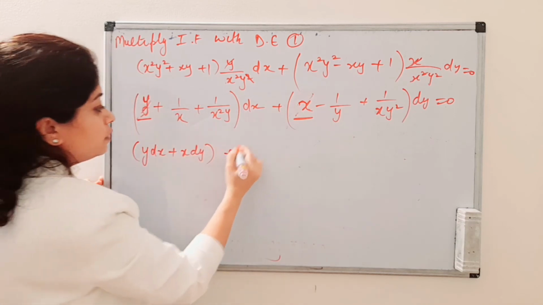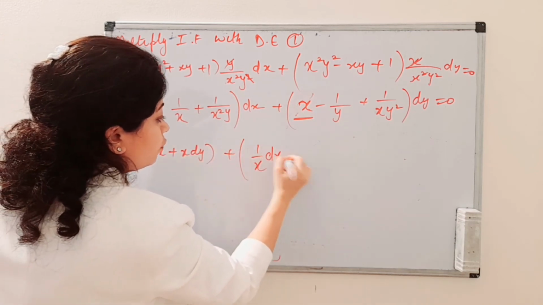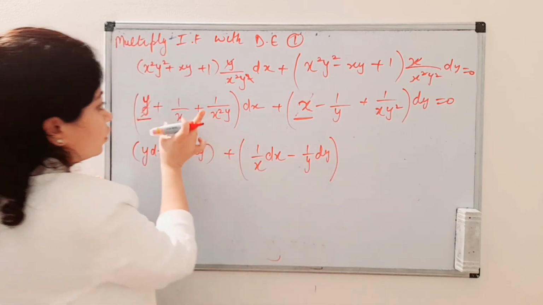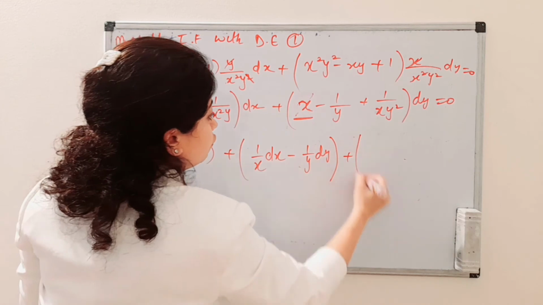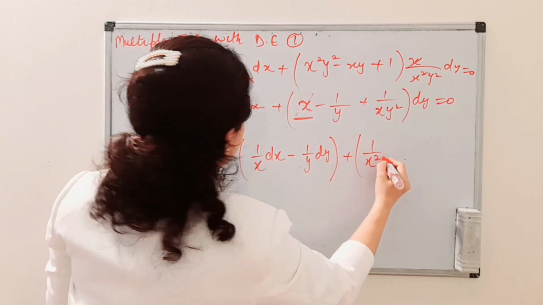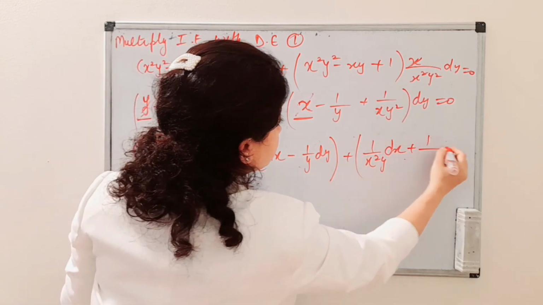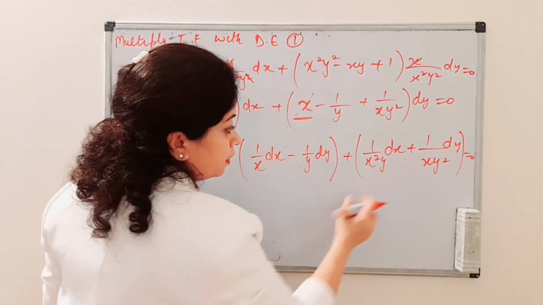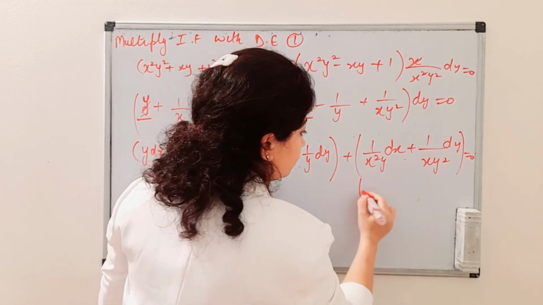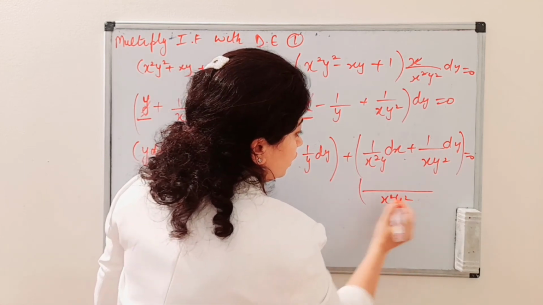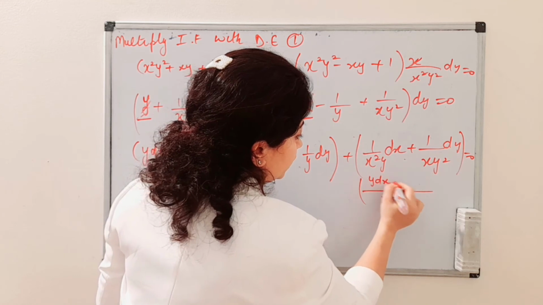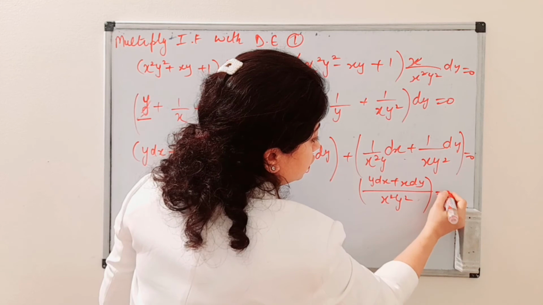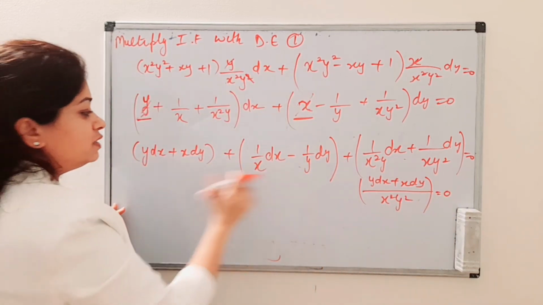Now we will take this term: 1 upon x dx minus 1 upon y dy, plus now this 1 upon x square y dx plus 1 upon xy square dy equal to 0. If we take LCM, this term will become x square y square, and it will become y dx plus x dy equal to 0. So we get this.